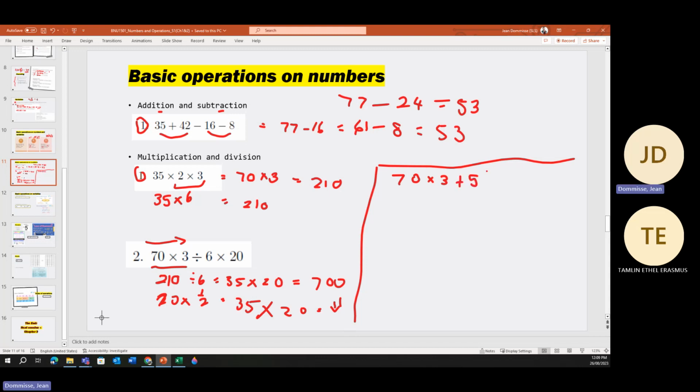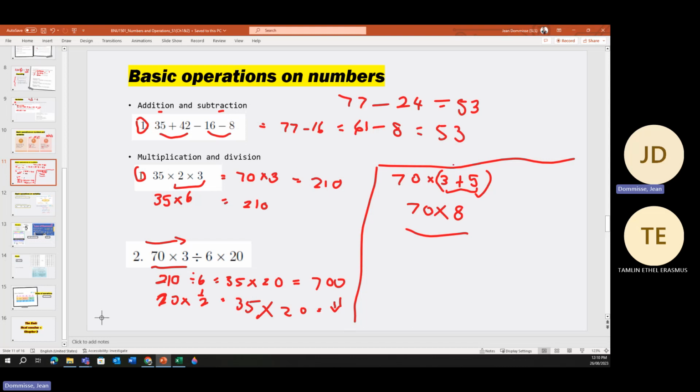So when you do the brackets first, 3 plus 5 is 8, and then you multiply it by 70. Okay, so that is important. Nearly always do brackets first.